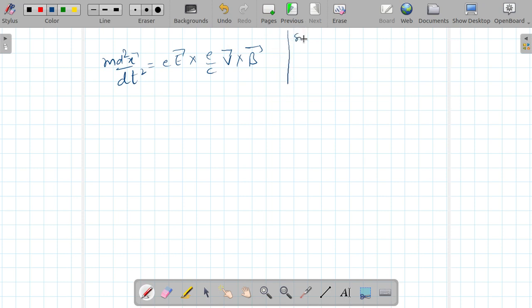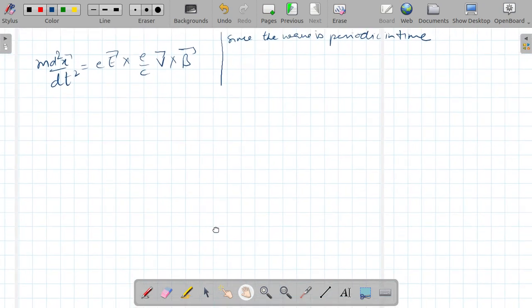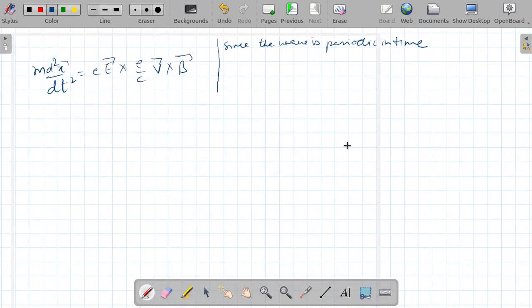Since the wave is periodic in time, so will be the motion of the particle.